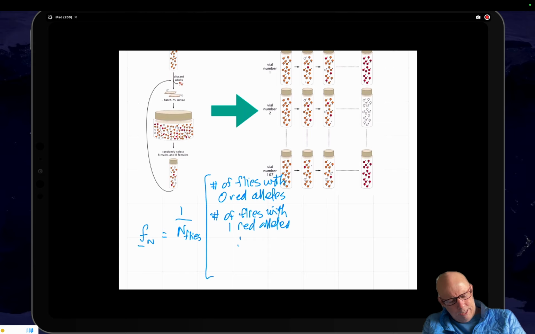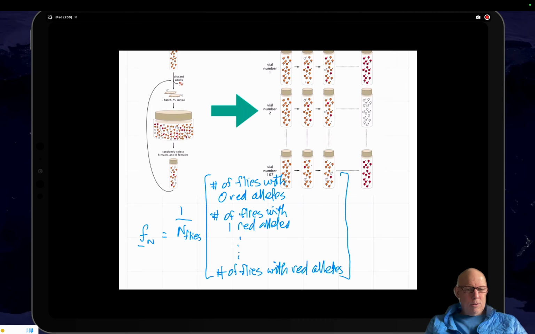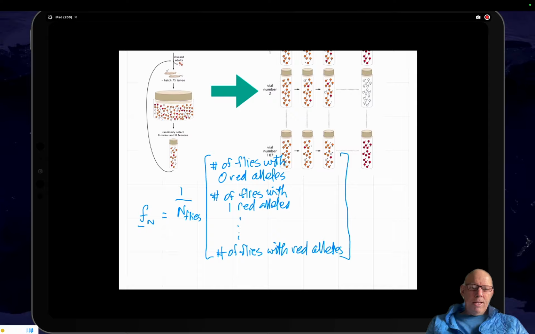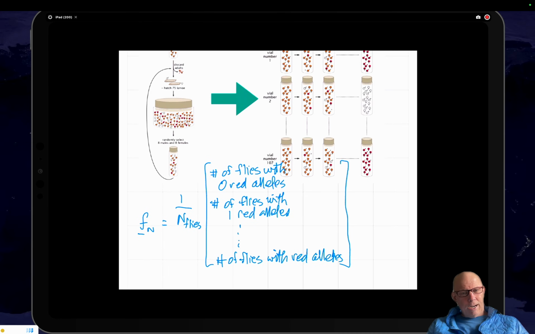And we go all the way down until we get the number of flies with 32 red alleles. Why do I choose these numbers? Because I told you that there are 8 males and 8 females for a total of 16 flies. That means there's a total of 32 copies of our allele of interest. This vector is 33-dimensional.